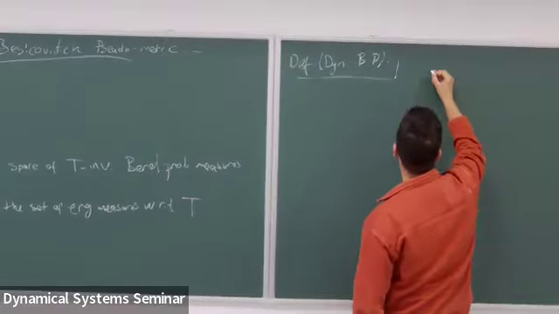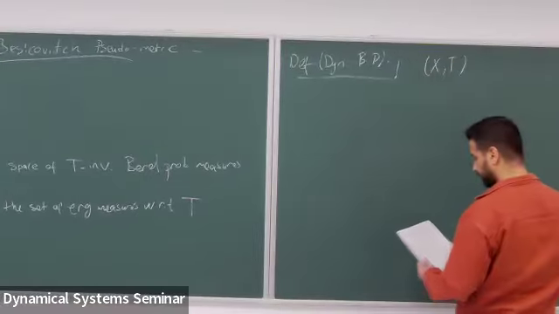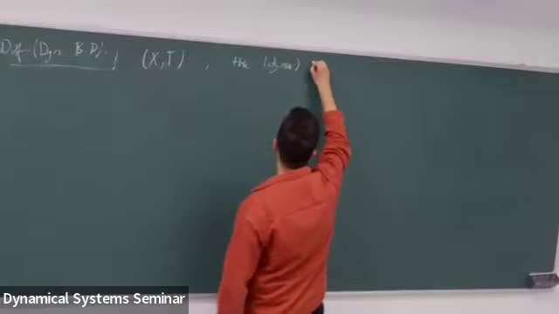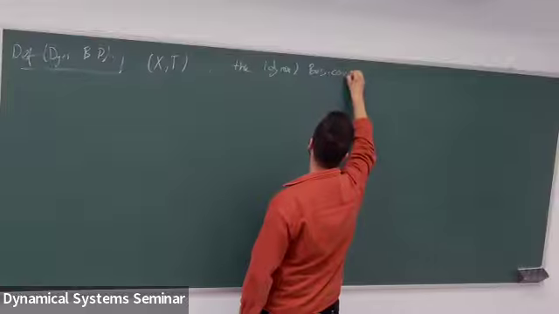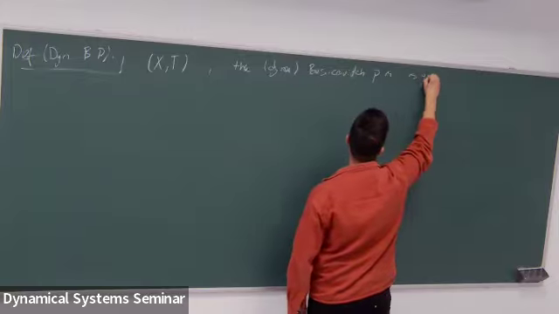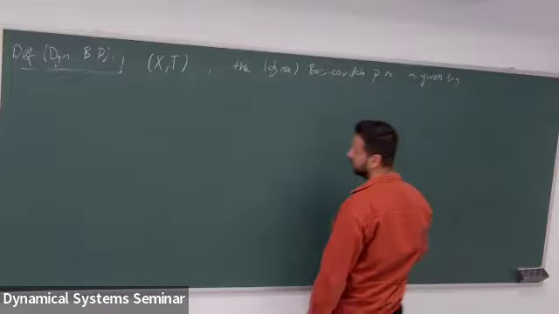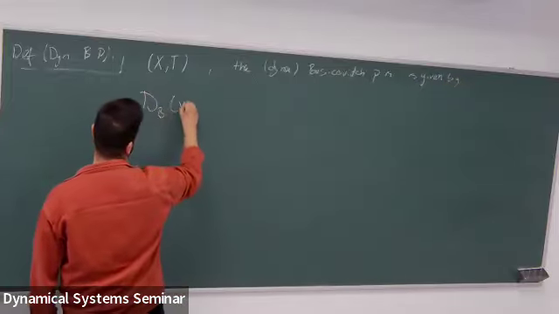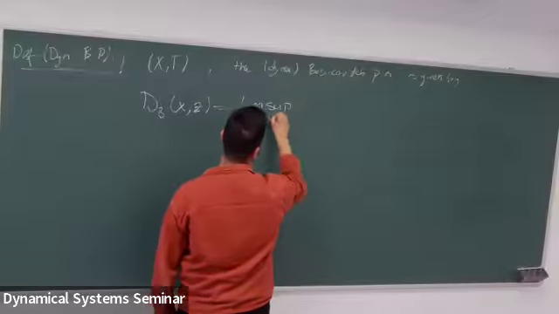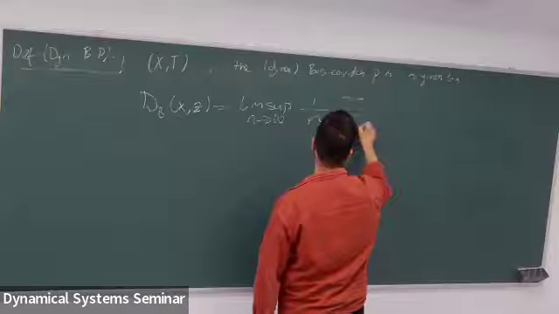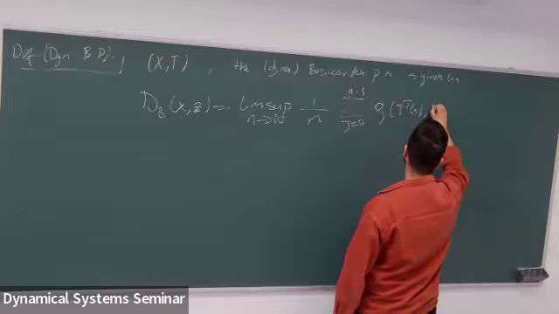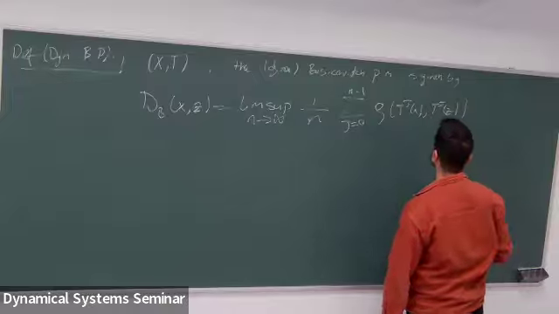For a topological dynamical system (X, T), the dynamical Besicovitch pseudometric takes the limit superior of average distances along the orbits.